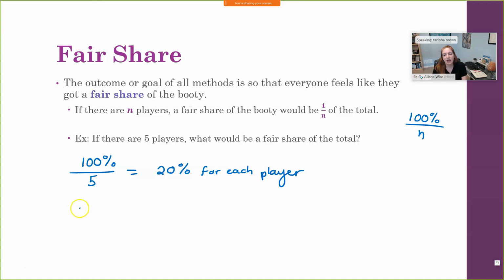What if I were to say there were, let's say, 10 players? What would be a fair share for 10 players? What do you guys think? So it's 100% divided by 10. Mm-hmm. That's what we would do.